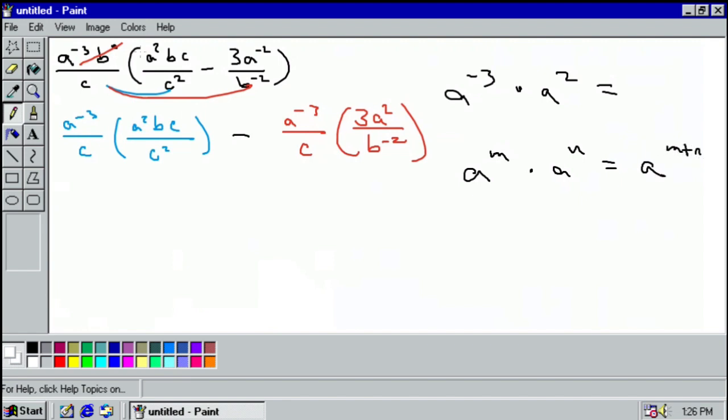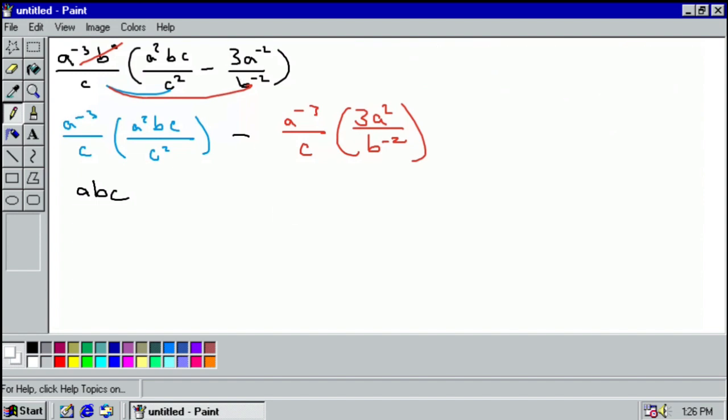So in this case, we're going to add negative 3 plus 2, which is a raised to negative 1, or just a. So we have a. They don't have a variable on this part, so we're just going to copy it. It will be a, b, c. Let's remove this for some space.